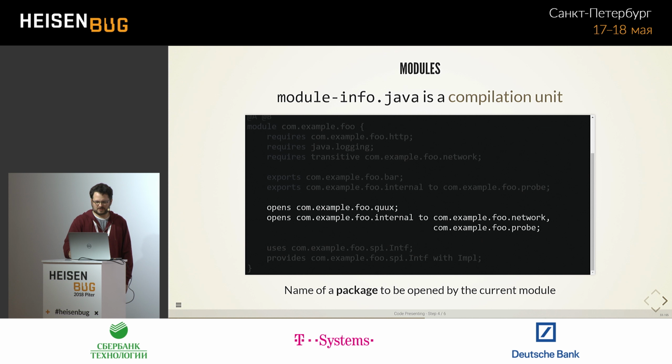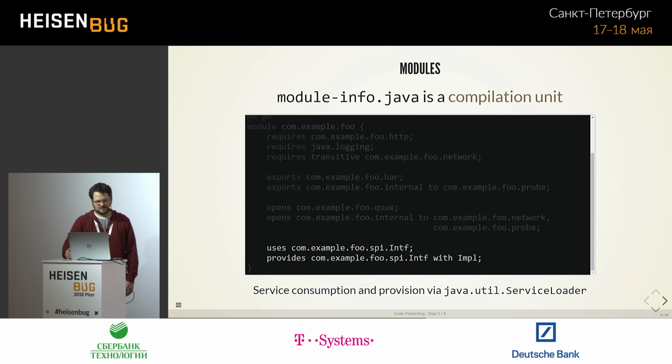And you can open packages at runtime to other frameworks or modules. We will get to this later. This means you may reflect into the packages. And there's a service consumption and provision part, which replaces the META-INF/services directory and files you may know from the java.util.ServiceLoader interface, which was introduced in Java 6.